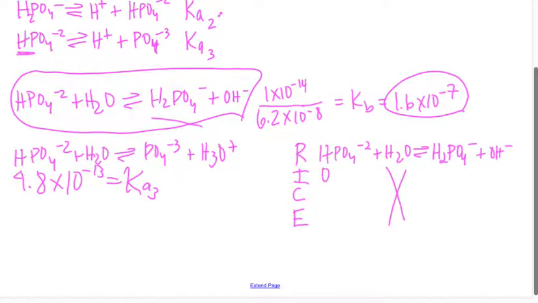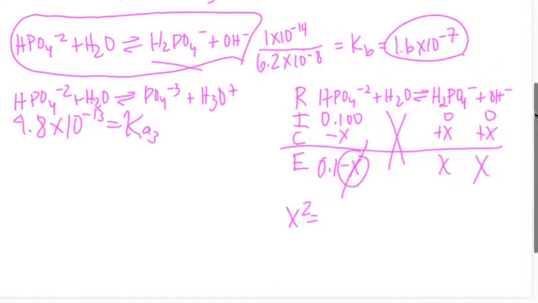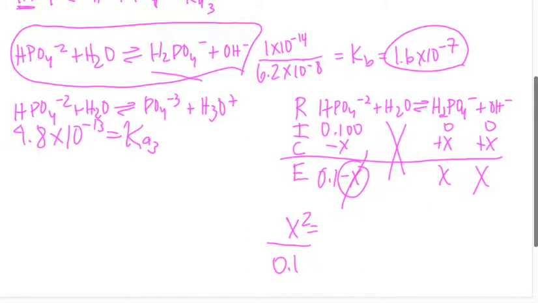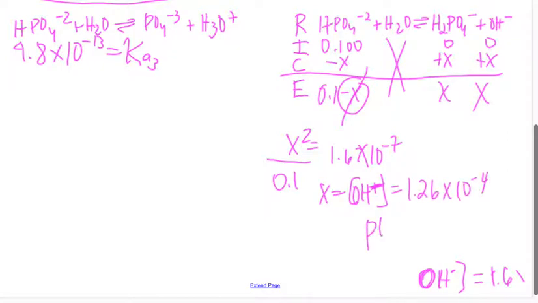Is it 0.1 again? Ooh, X is equal to OH this time, which is 1.26 times 10 to the negative 4. pOH to 2 decimals.